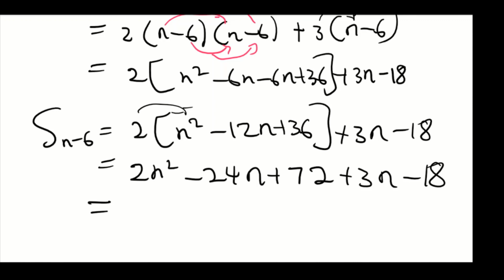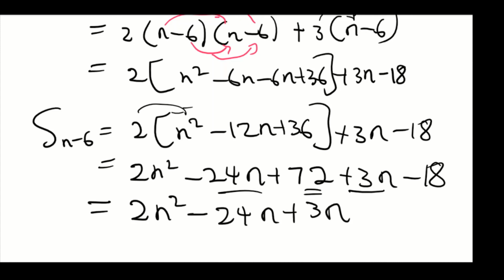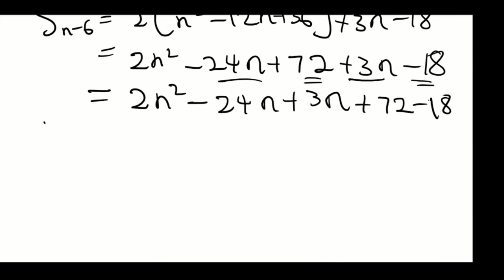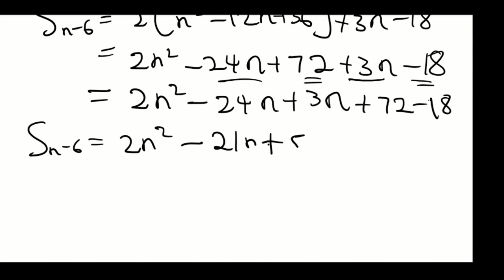Then we collect like terms: 2n squared, then minus 24n plus 3n, and then plus 72 minus 18. Then your sum of n minus 6 is equal to 2n squared minus 21n plus 54. So this is your sum of n excluding the last 6 terms.